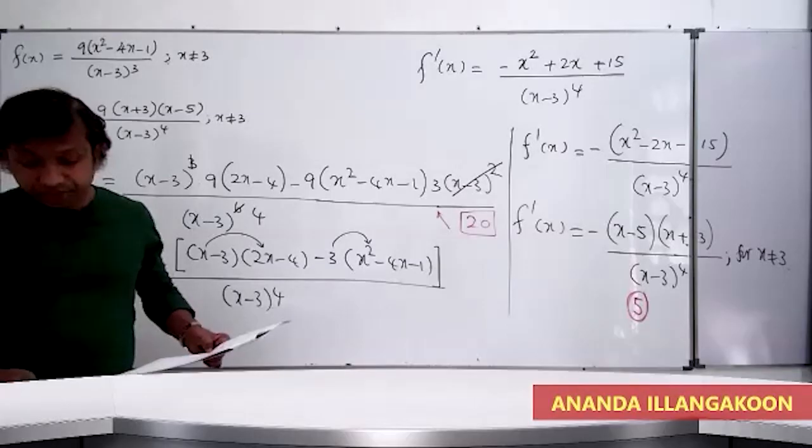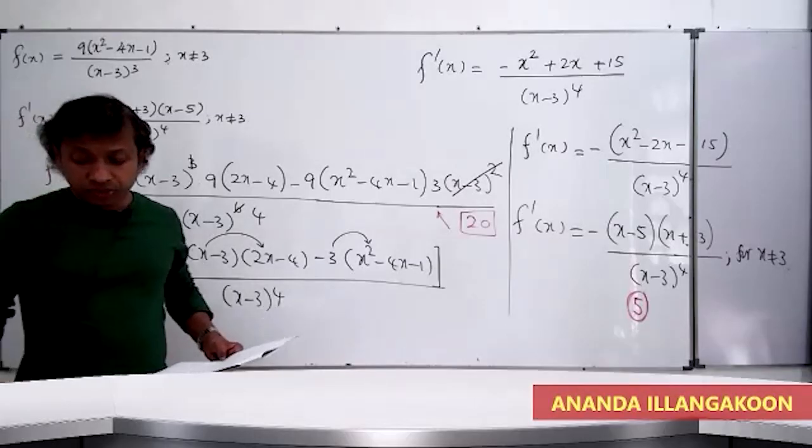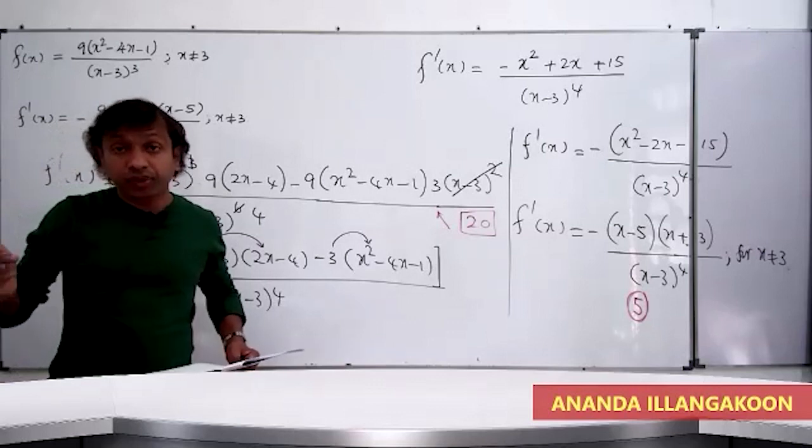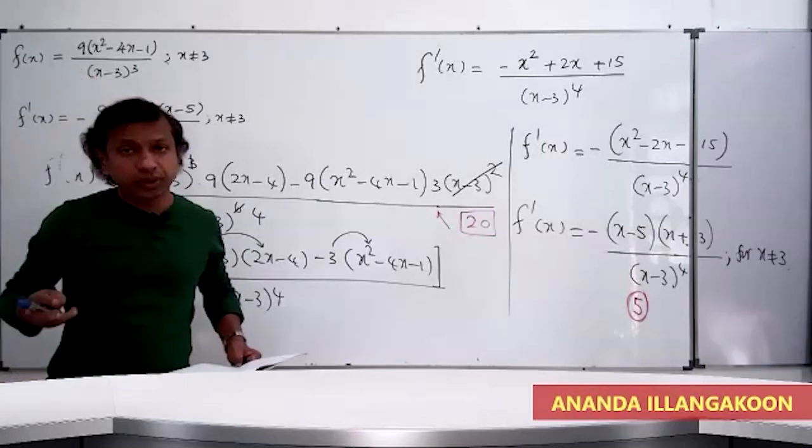Now there you have to find horizontal asymptotes, vertical asymptotes and the stationary points.